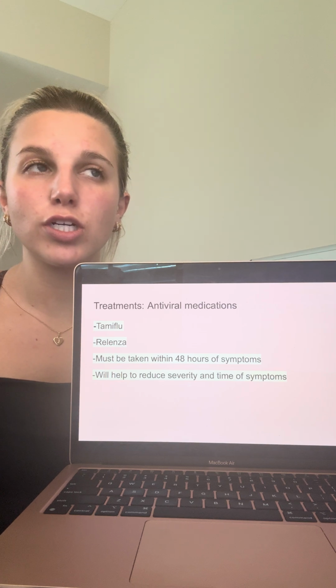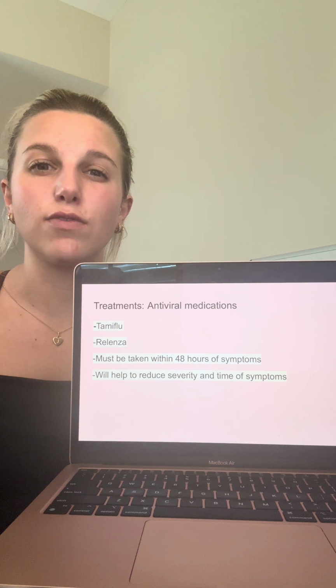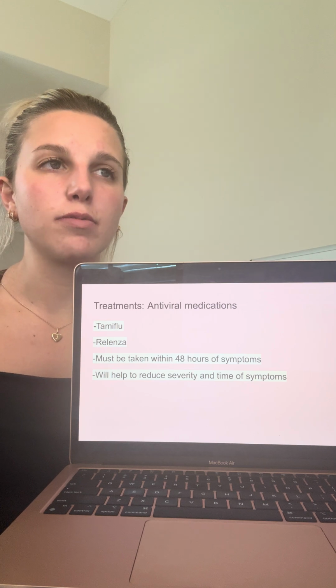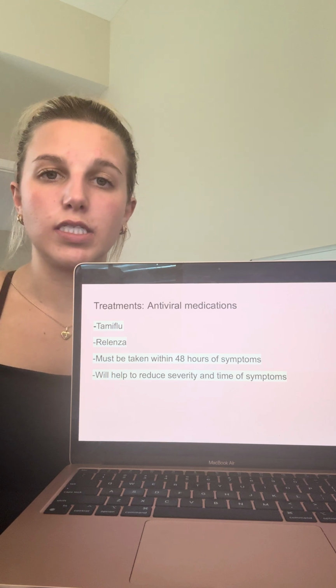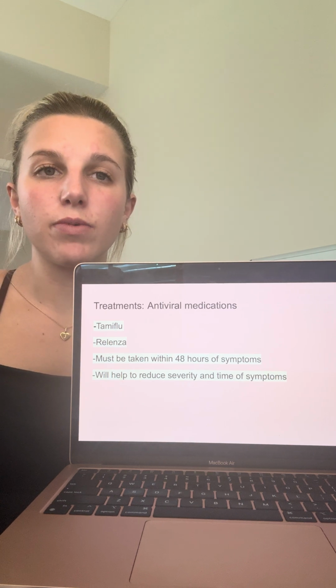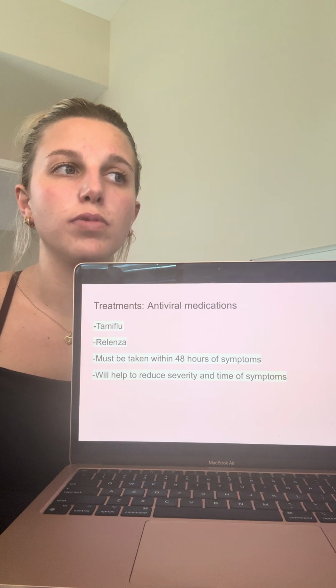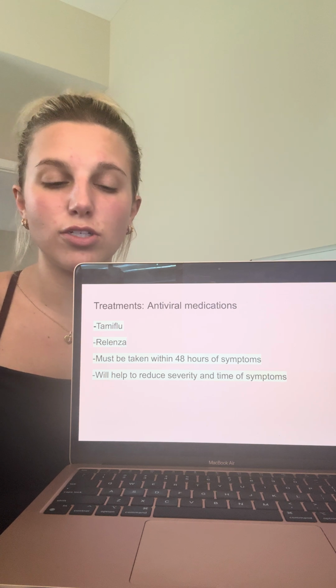You're usually treated with an antiviral medication if your severity of flu is bad. You'd probably be medicated with something like Tamiflu or Influenza. Those must be taken within 48 hours of your symptoms, and that will help to reduce the severity and the time of your symptoms.